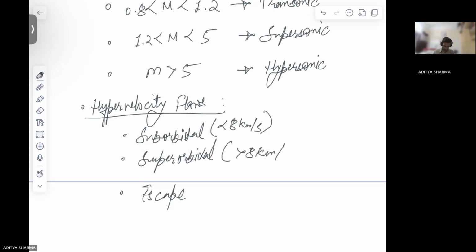This is around 11.2 kilometers per second.